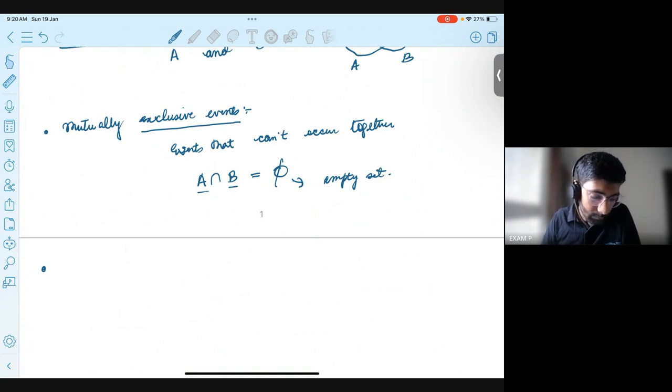Then you have exhaustive events. Events that together make up the entire sample space will be exhaustive events.